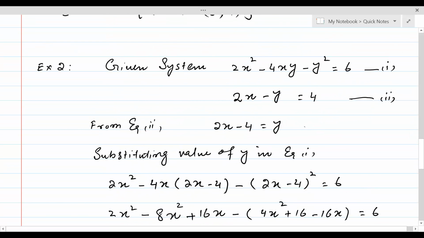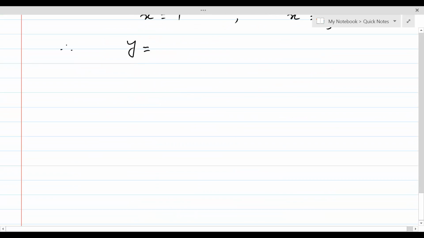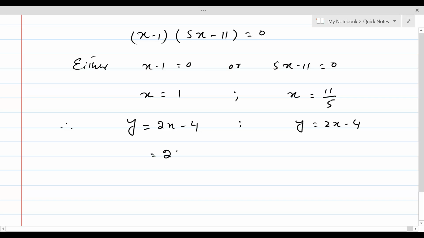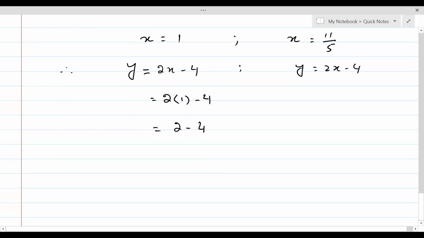Let's call it equation number 3. And now if we substitute the value for x, which is 1 in this case, it is 2 minus 4, that will give us the solution minus 2 for the value of y.